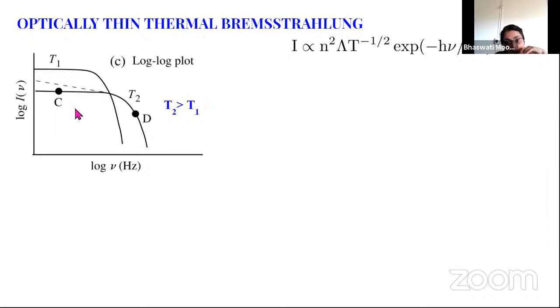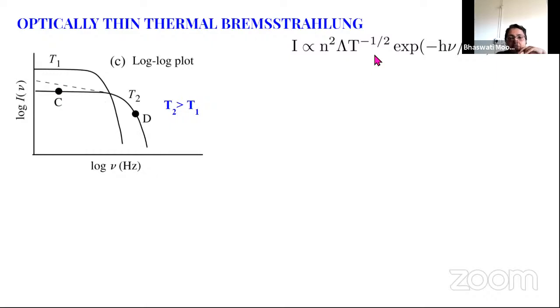Looking at the functional form, it is intuitively obvious why the curves look like this. Notice that I have two curves corresponding to two temperatures, of which T2 is greater than T1. Can I justify that T2 is greater than T1 from this functional form? Yes.